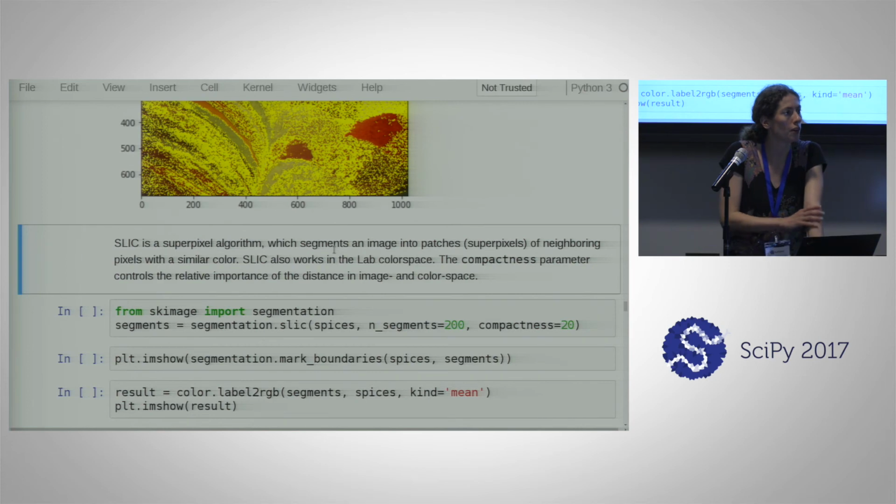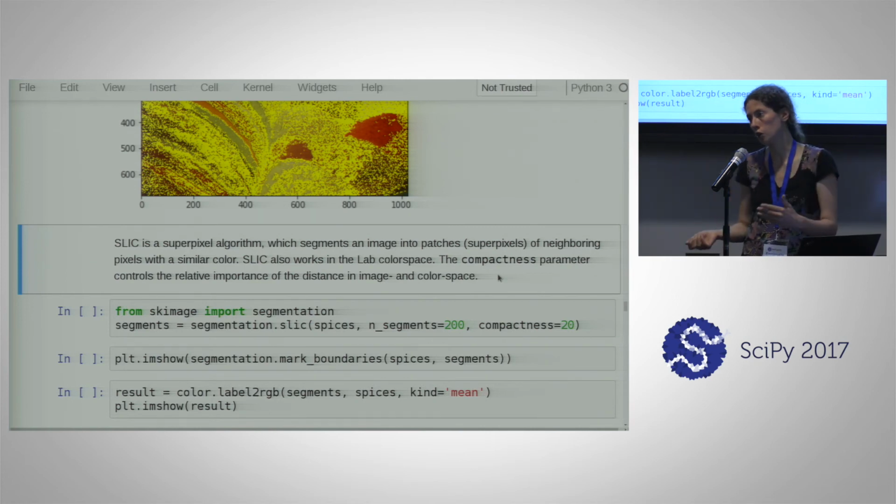It also works for 3D images. So we have more features, LAB, XY, and SLIC just performs clustering in this multi-dimensional space. And you have a compactness parameter that is quite important because it controls the relative importance of the distance in image and color space.